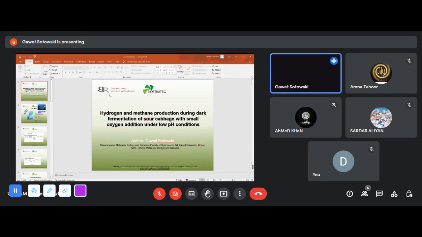Here are three pathways of dark fermentation. Butyric, when we have production of butyric acid, is most favored due to low Gibbs energy, but produces only 2 moles of hydrogen per 1 mole of glucose or other 6-member saccharides.